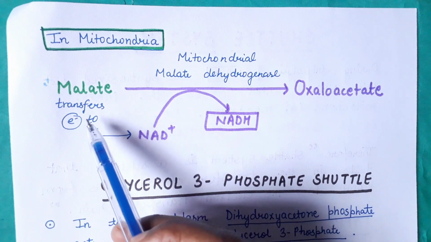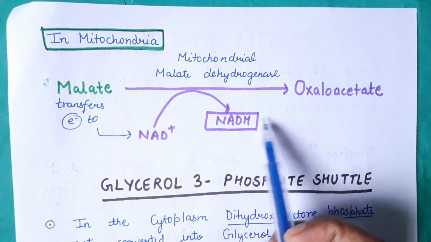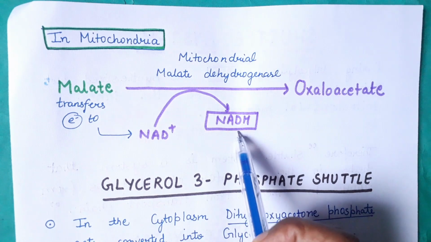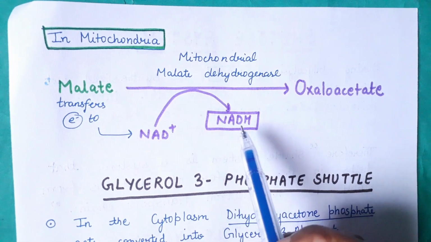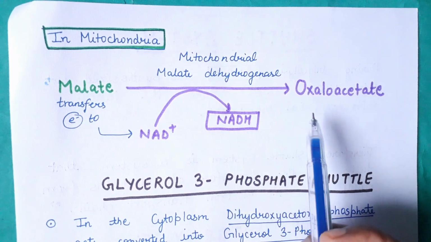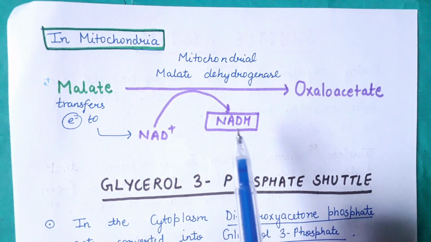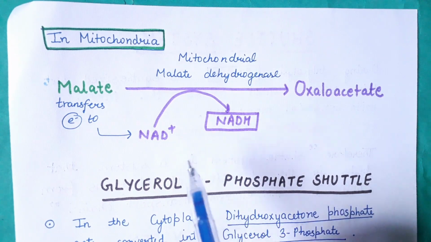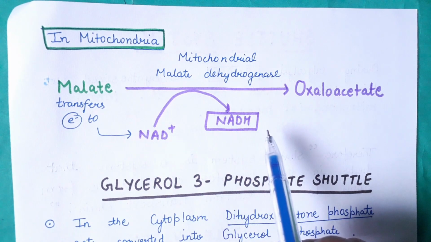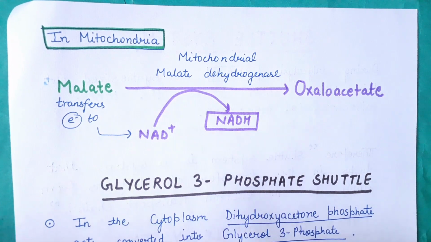These electrons are then taken up by the NAD in the mitochondria, and there is regeneration of NADH in the mitochondria. Now this NADH can take part in the process of the electron transport chain. So in the case of the malate aspartate shuttle, we have a generation of NADH in the mitochondrial matrix by the transfer of electrons from malate.